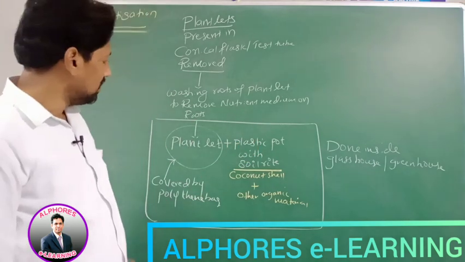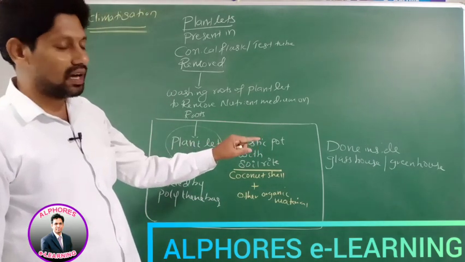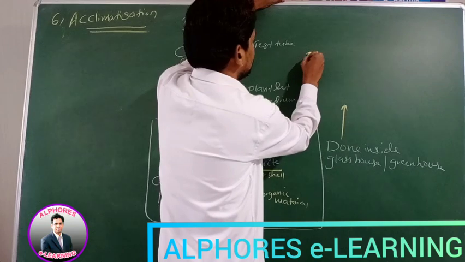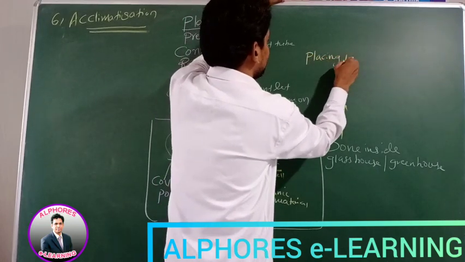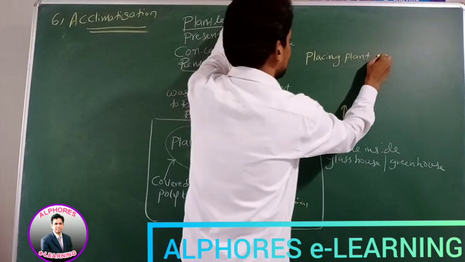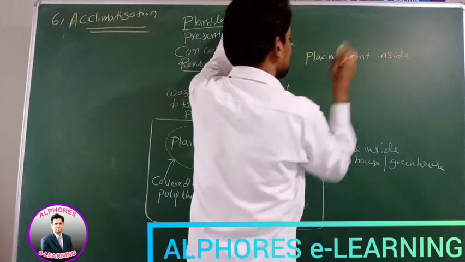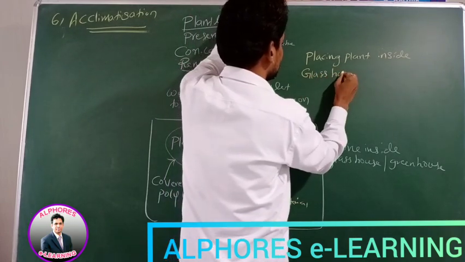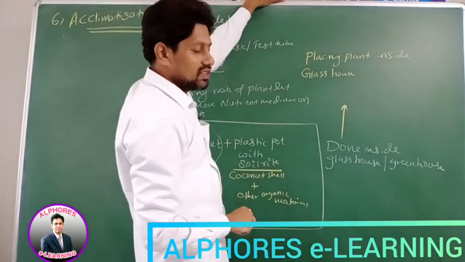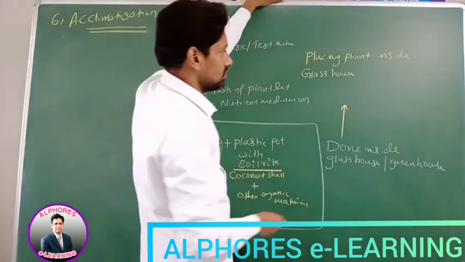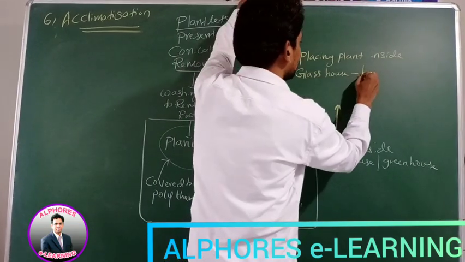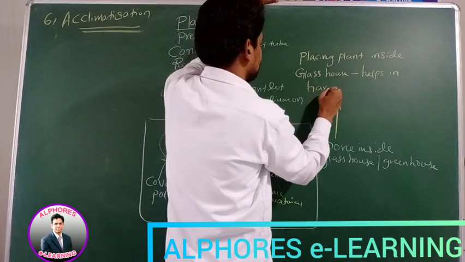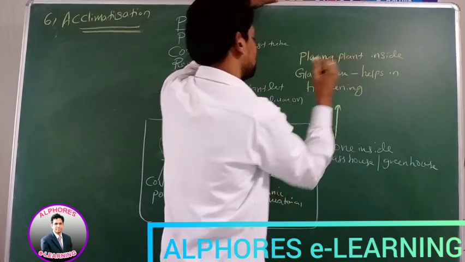Listen to this statement carefully. Now the plantlet is in a glass house or greenhouse. Placing the plant inside a glass house or a greenhouse helps in what?